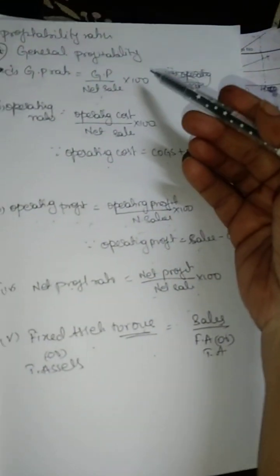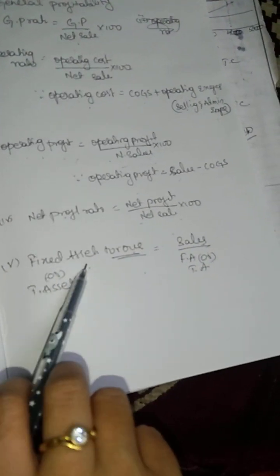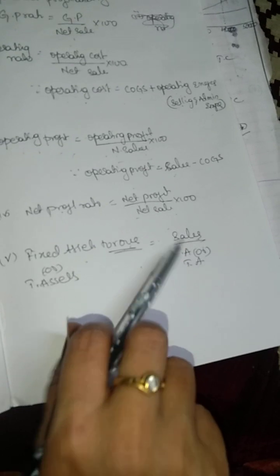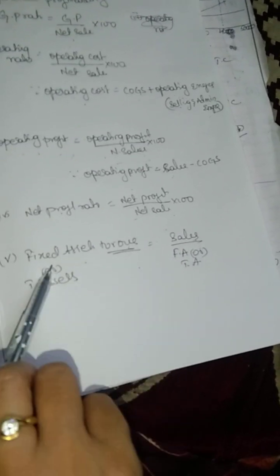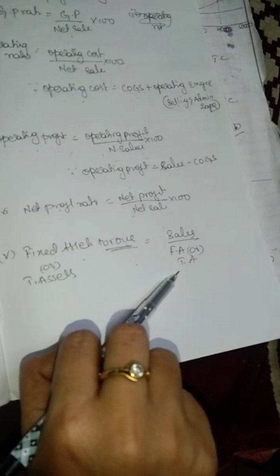Understand? In all these cases, sales is the numerator. If they are asking fixed assets turnover, turnover will be on the top and fixed assets will be down. If he is asking on total assets, total assets will be down.